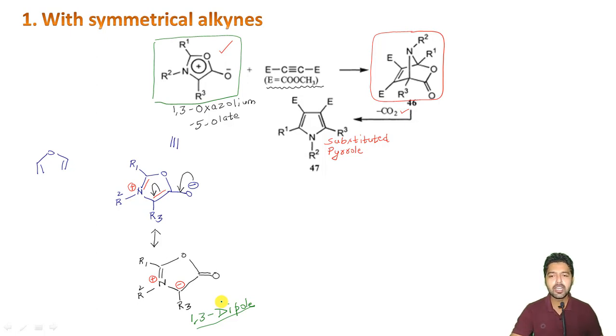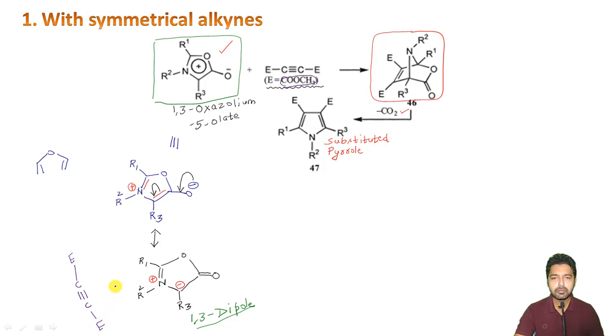Okay, and now the dipolarophile here is my symmetrical alkyne molecule, which I can show like this, a carbon triple bond carbon having some electron withdrawing group E, which you can see here is COOCH3, right? So here also the same substituent, that is the electron withdrawing group.